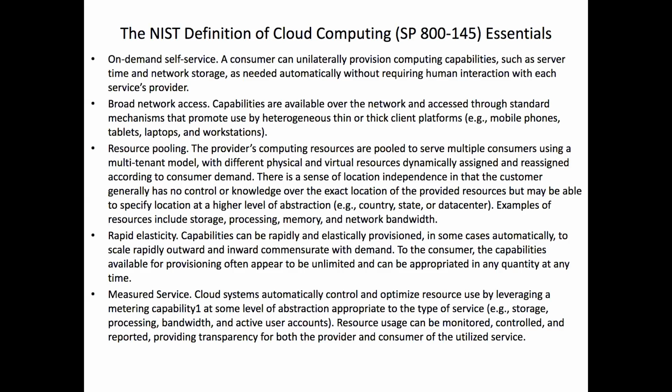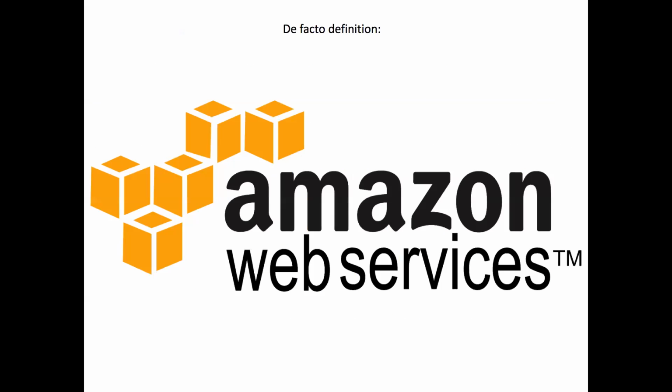That's the NIST definition of the cloud: on-demand self-service, broad network access, resource pooling, rapid elasticity, measured service. Amazon is pretty much defining what the cloud is. Over time, other cloud providers do some things better than AWS, but AWS is really the leader, and they're sort of defining what it means to be a cloud provider.